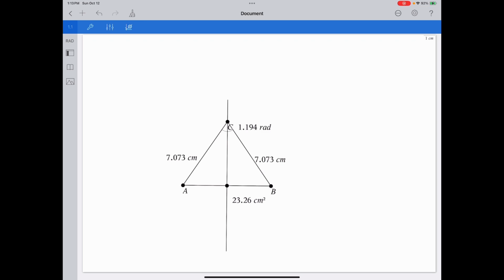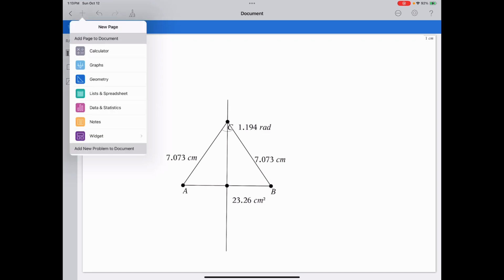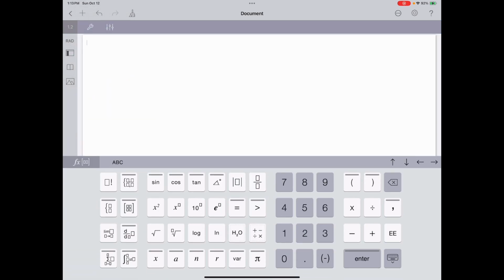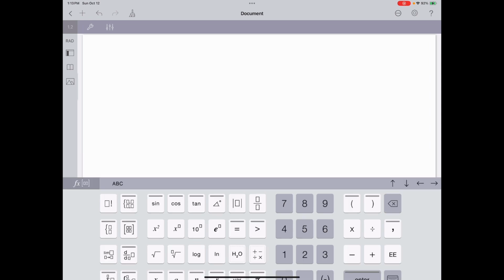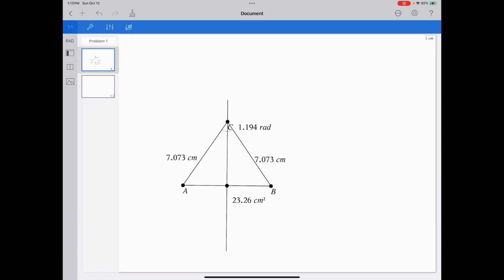So we're going to add a calculator to our document, and we're going to say, let's go back and look just at this again. We have 7.073 centimeters.